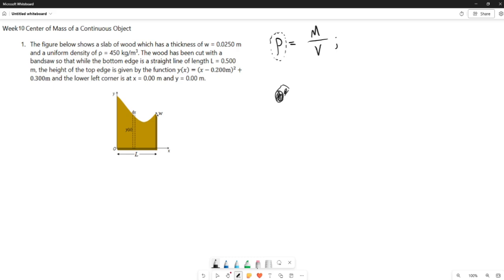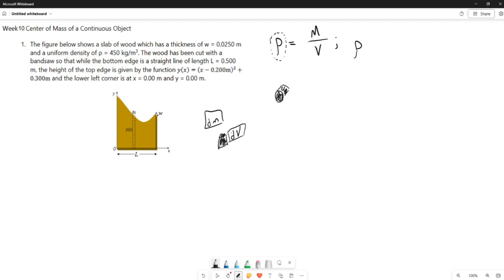So if I pick some tiny little square within my object and weigh all that mass in that tiny volume, infinitesimal dV, I will get the same amount of infinitesimal mass dm.